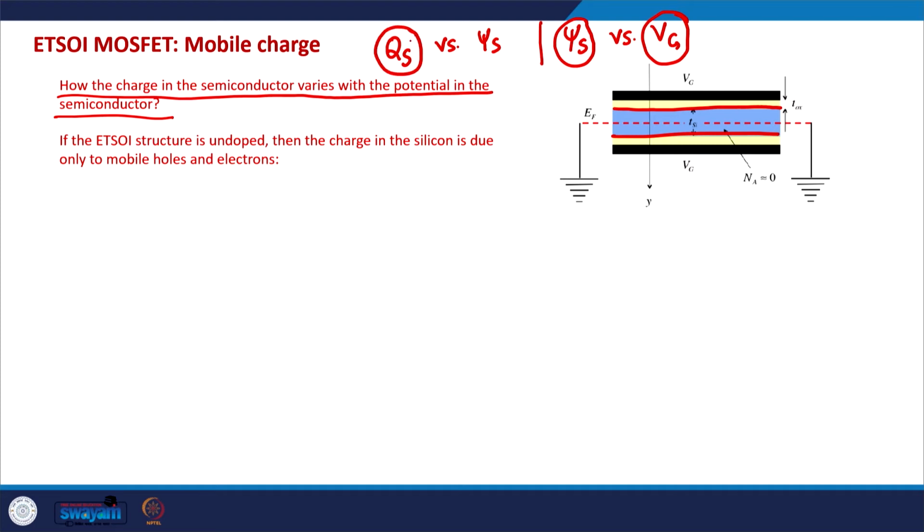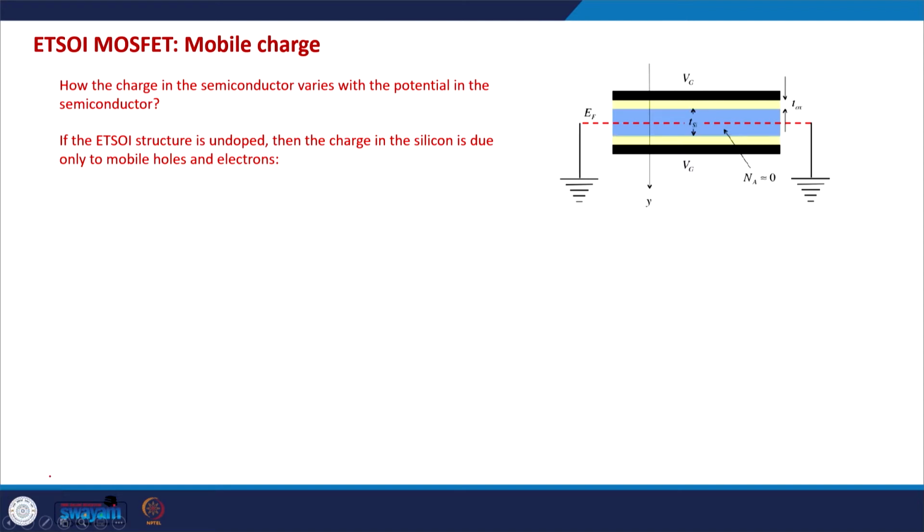As is visible from this figure, there are 2 gates here, and in DG-ETSOI MOSFET structures, what we can assume is that almost half of the charge in the semiconductor is mirrored by the upper gate and half of the charge in the semiconductor is mirrored by the lower gate.